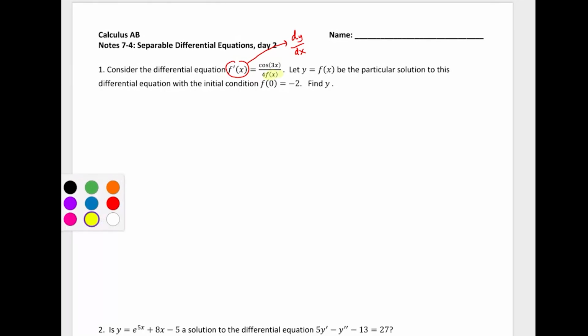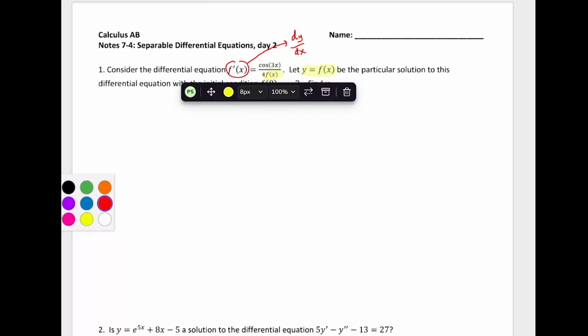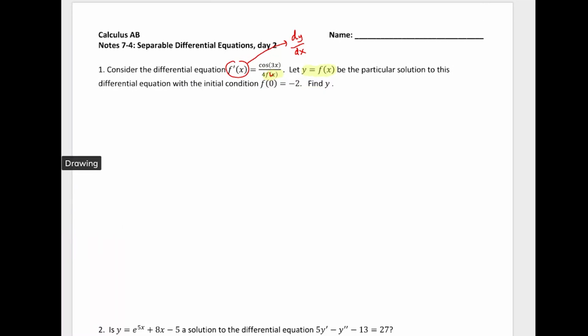You might think that needs to go with the x's, but even just immediately after stating this equation, it says that y is f of x. So a much easier way to approach this is to not even think about it as f of x, just think of it as y. And when you separate out the x's from the y's, you're going to have that f of x listed as a y.